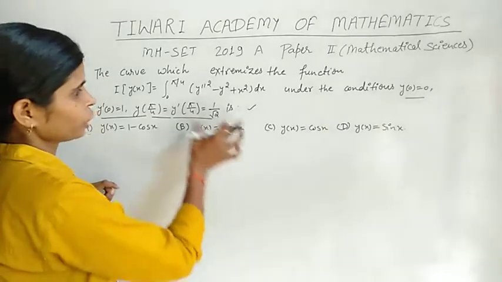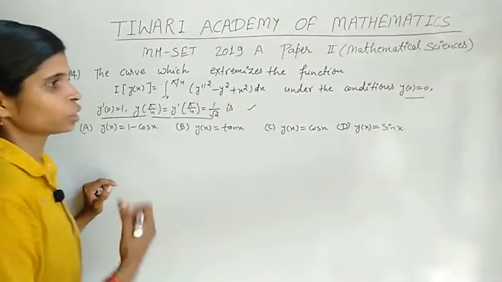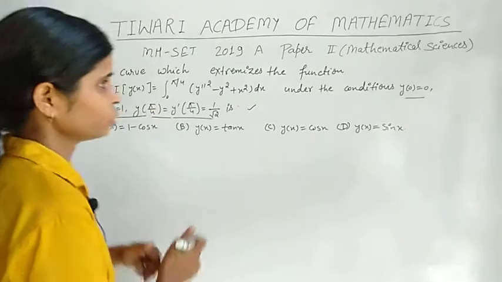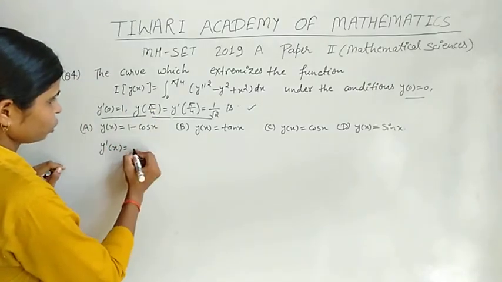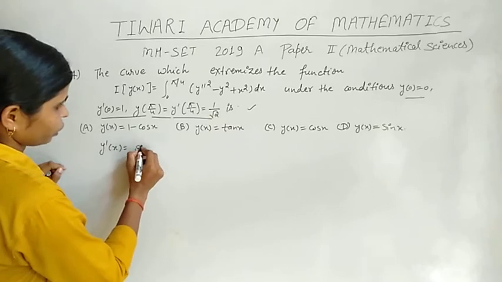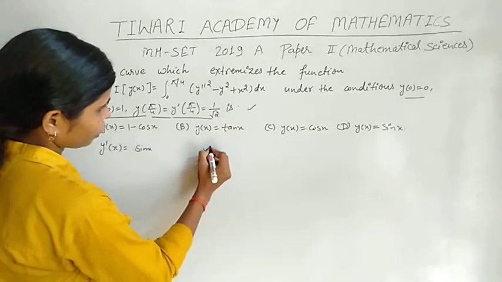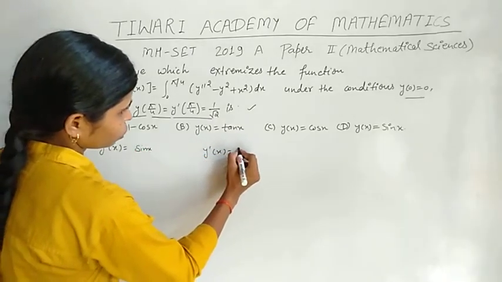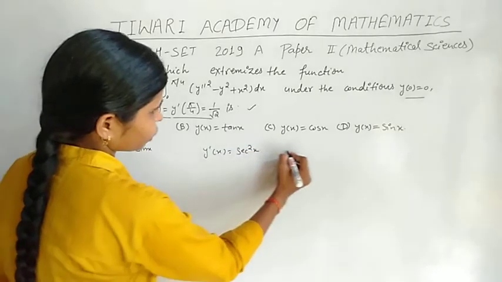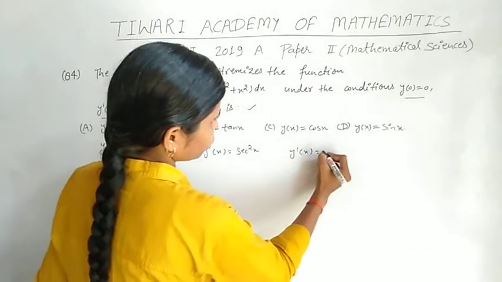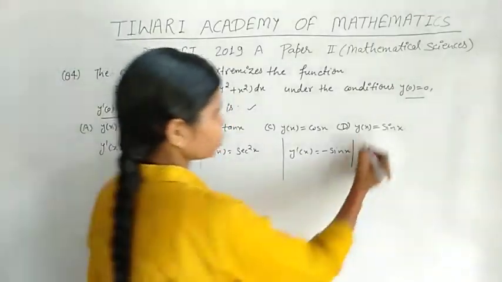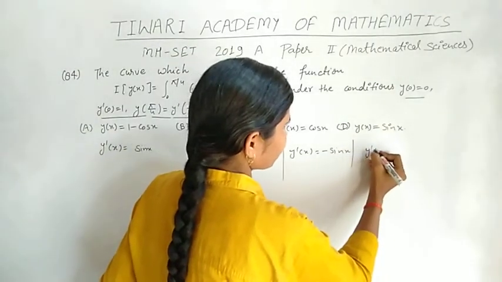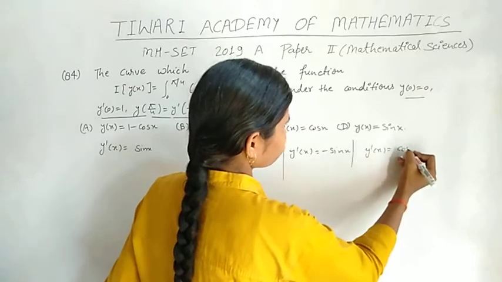Those options satisfying these 4 conditions are our required answer. Find the derivative of each option: derivative of option A, sec square x; derivative of this, minus sin x; and derivative of option D, sin x cos x.